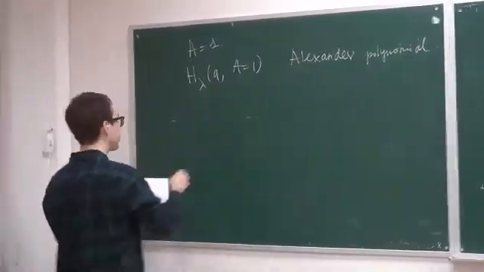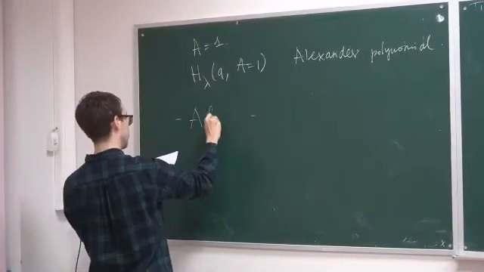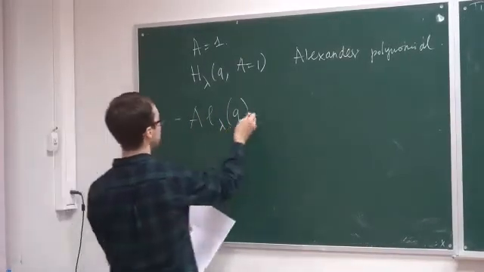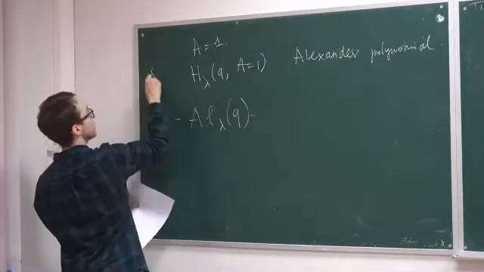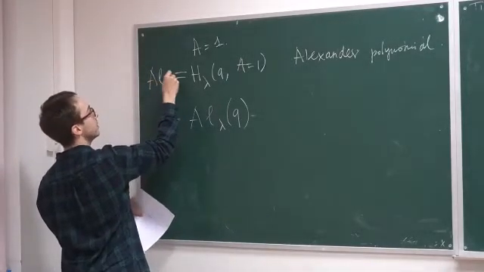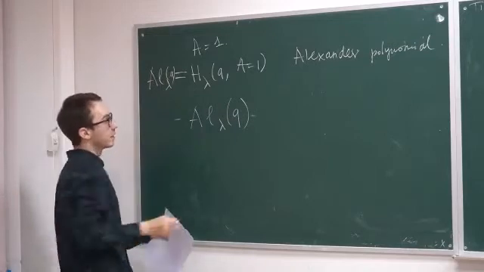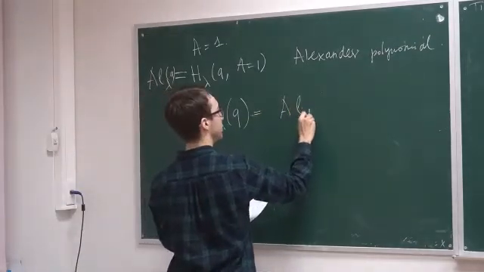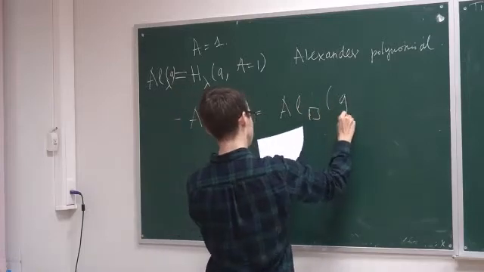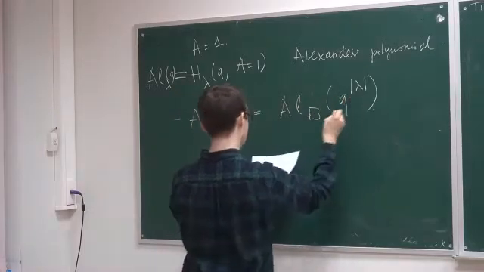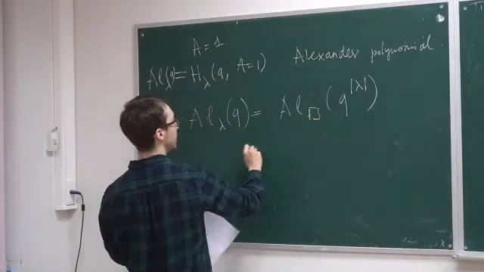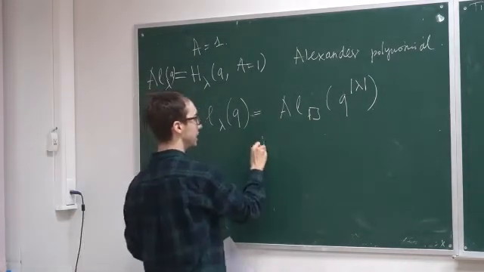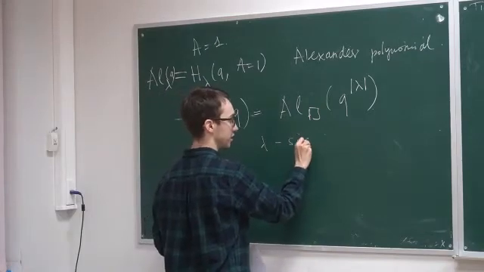And the fact is that the Alexander polynomial of Q in any representation is equal to the Alexander polynomial of the single box at Q to the lambda, where lambda is a single hook representation.